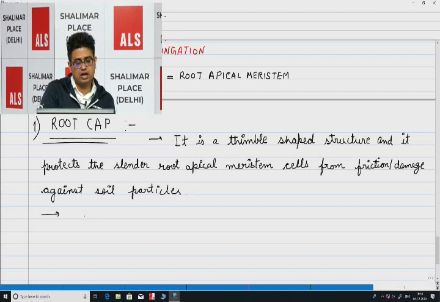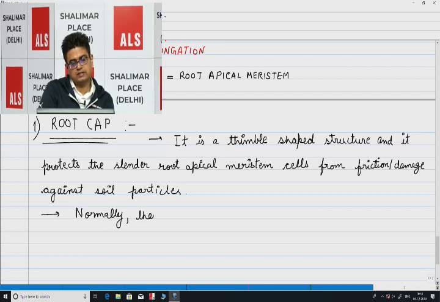Normally, there is a single root cap per plant.